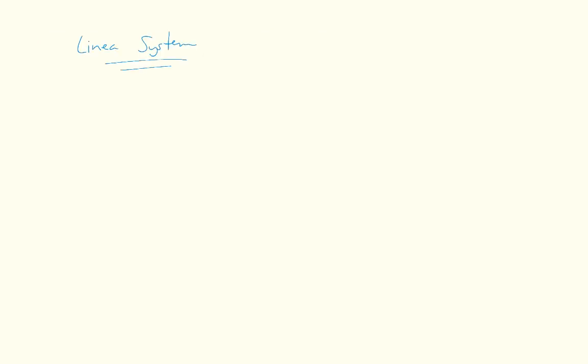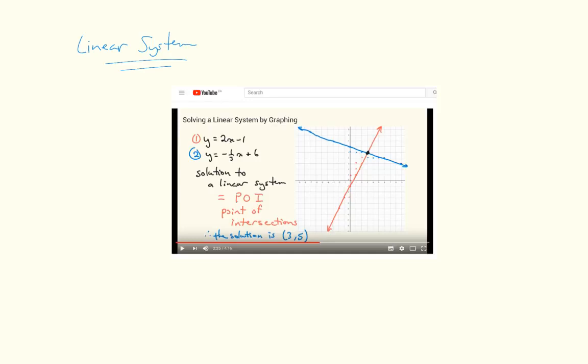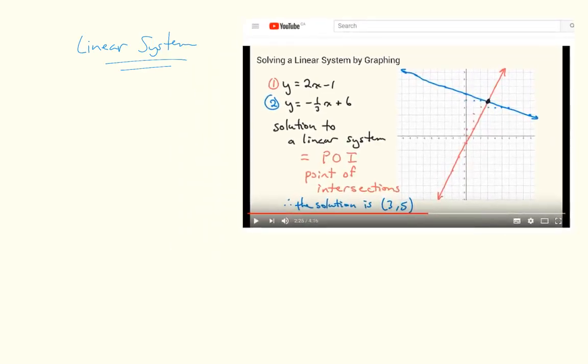Okay, and now we get to checking the solution to a linear system, which is what we're really interested in here. You remember from a previous video that we solved this particular linear system by graphing, and we think that we found that the solution was (3, 5). So then, how do we check our solution?